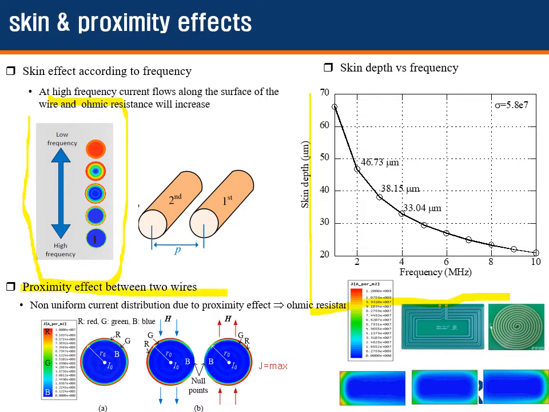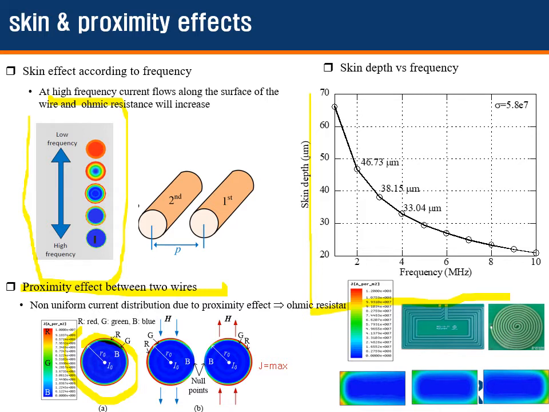Second, let me explain proximity effect between two wires. Current proximity effect is that the current distribution is changed due to mutual influence of a magnetic field between two neighboring wires. The figure right here shows the current distribution in a single wire. You can see that current distribution is high along the surface due to only the skin effect.